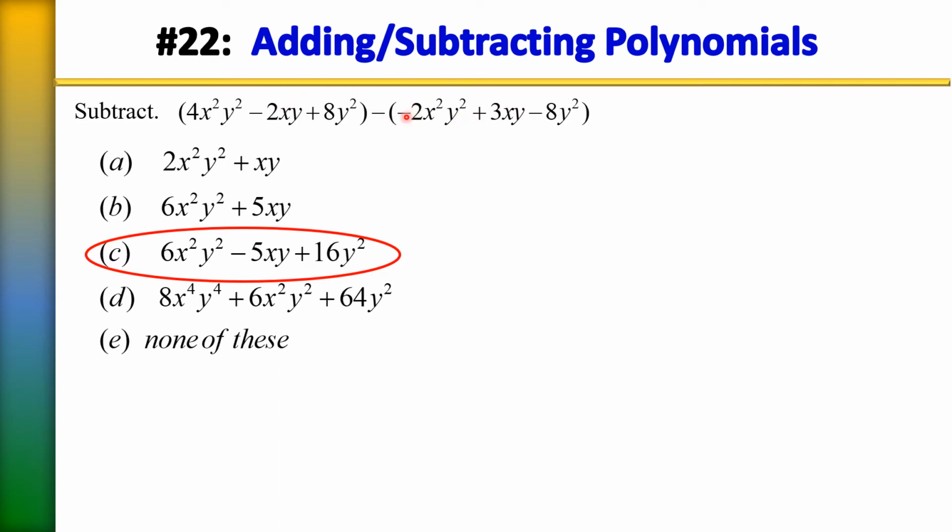Now, recall that because this group has this negative sign in front of it, everyone in this group has to be changed to their opposite. In other words, you're going to have to distribute a -1 here. So when we distribute a -1, this will become positive 2x squared y squared minus 3xy plus 8y squared.